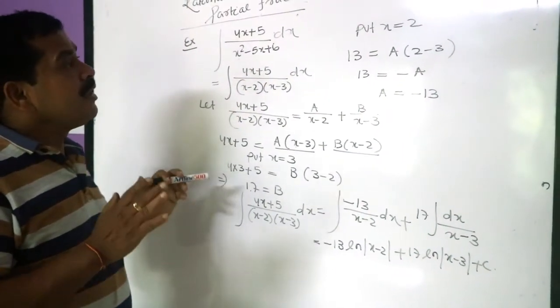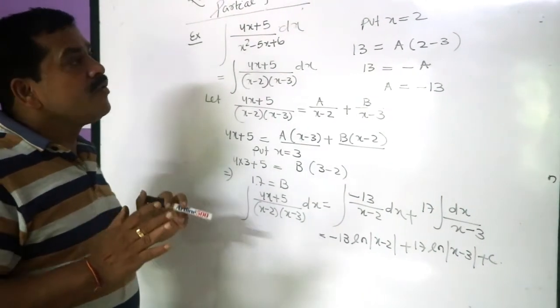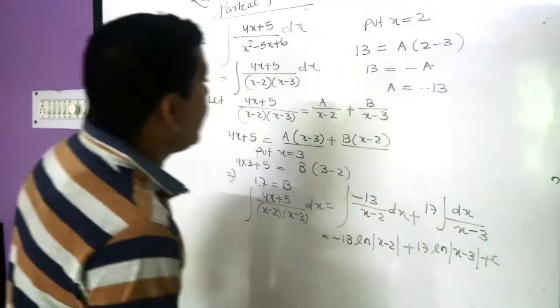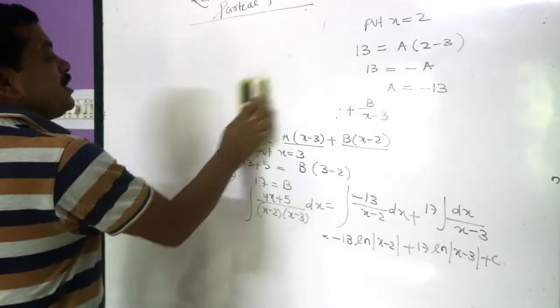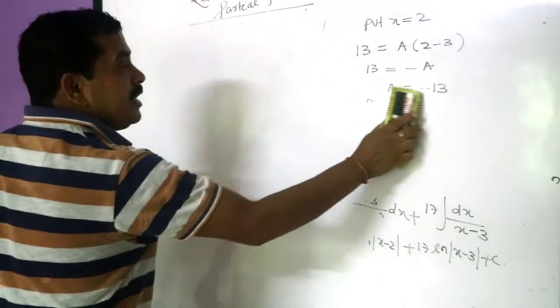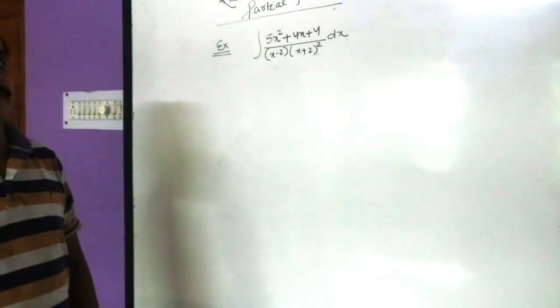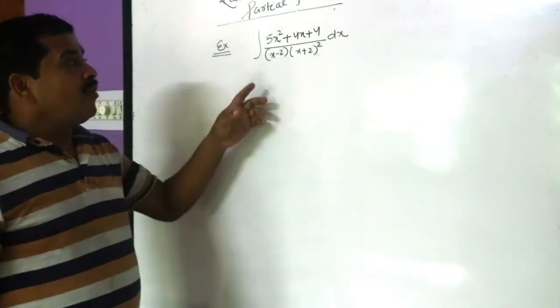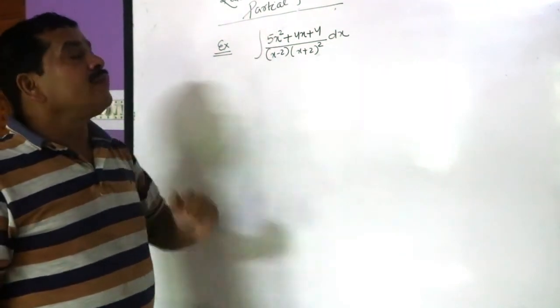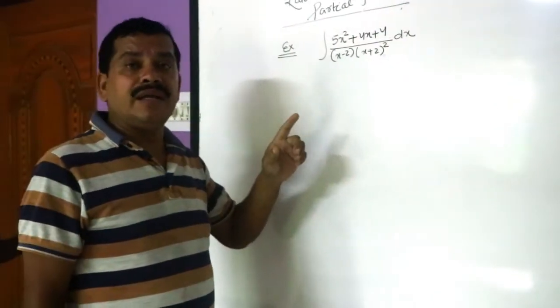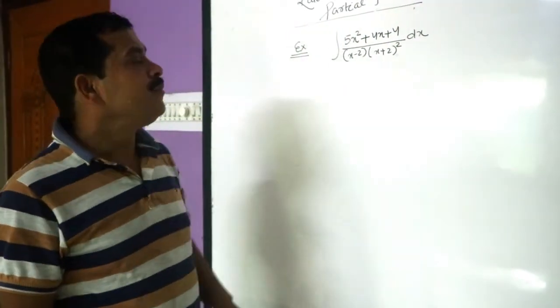This is the example if the factors of q of x are linear and non-repeated. The next method is if the factors are linear but repeated. Now we go to this second case, that is, if the factors are linear but repeated.